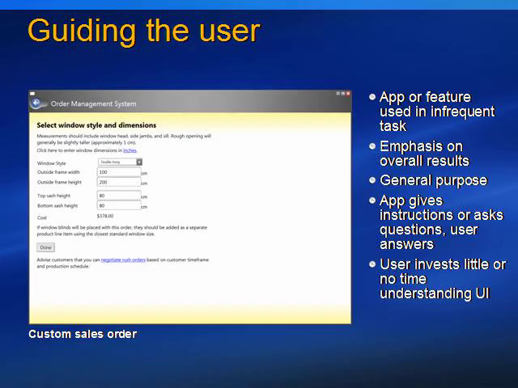In the context of this talk, I can only look at a simple example. So we'll just imagine that we're going to create a page here that collects from the sales representative the information that must be captured to do a custom sales order, and make sure that they get the right information from the customer.